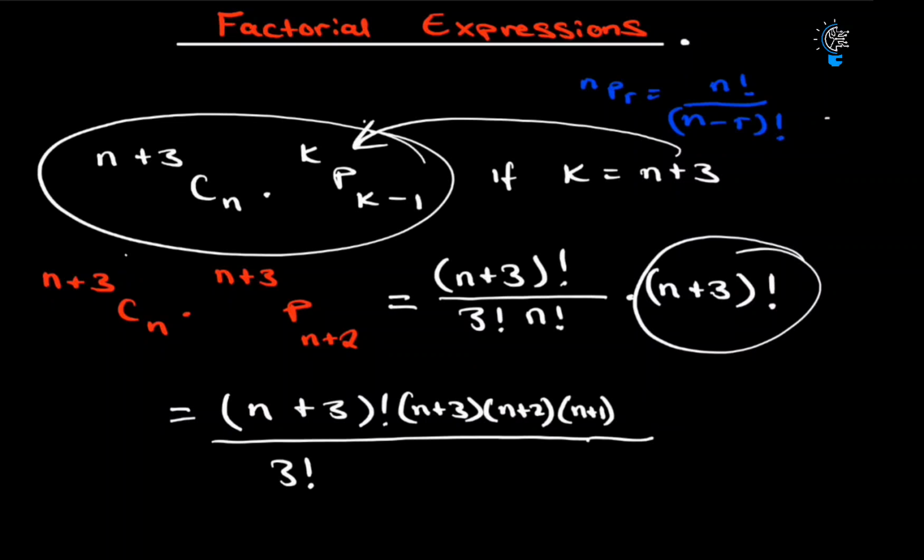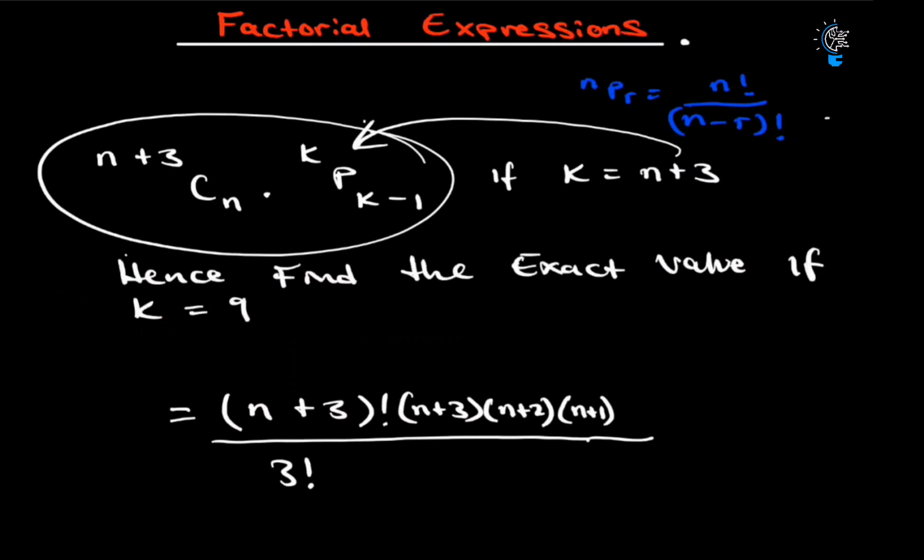Now the question can go on to say, let's say k is equal to 9. So if you are told that k is equal to 9, then you are told now to find the exact value. So now we have the exact equation here.